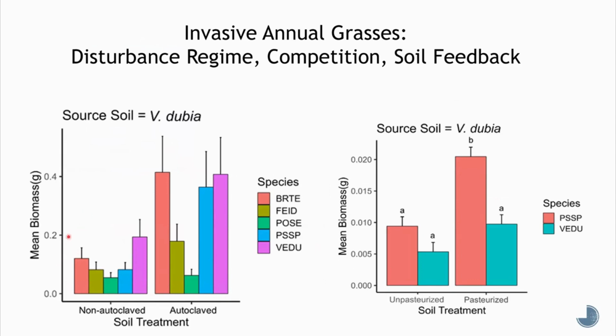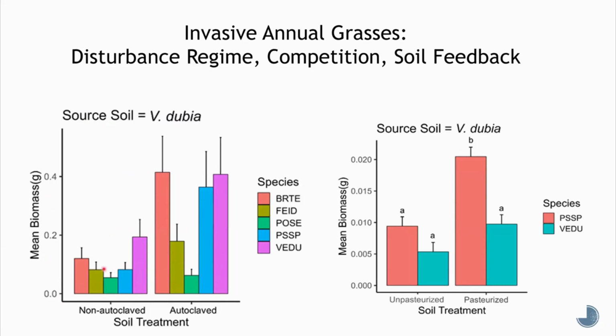And so here what we're looking at is a soil feedback study where we looked at the soil sources underneath ventenata. And when we take a look at the mean biomass of plant species, this would be soil as collected, and this would be autoclaved. So what you can see is when it's autoclaved, here's cheatgrass, Idaho fescue, bluebunch, Sandberg bluegrass, bluebunch wheatgrass, and ventenata.